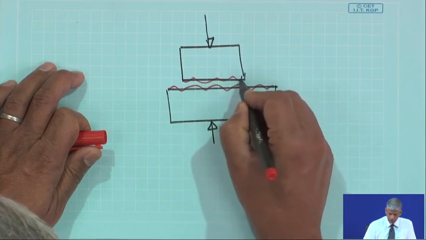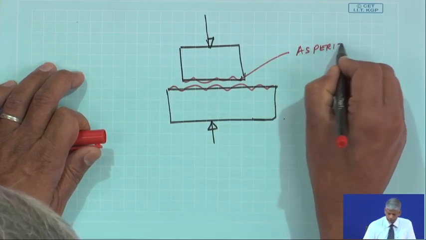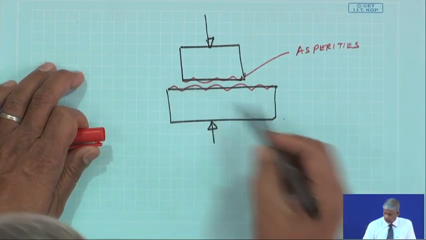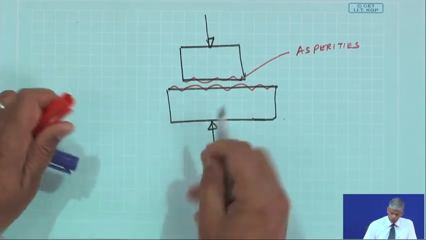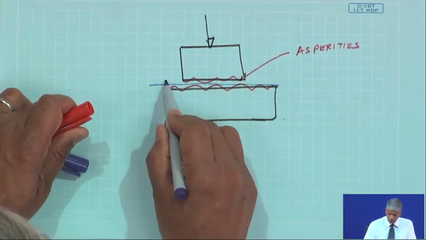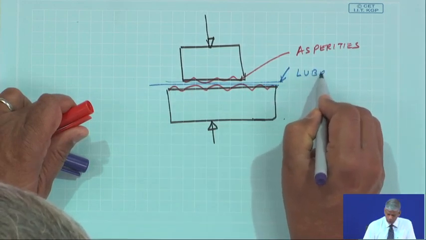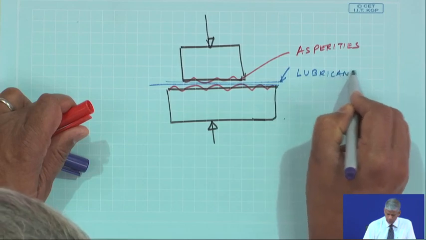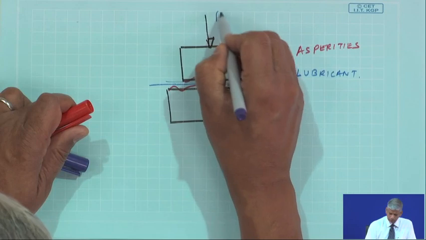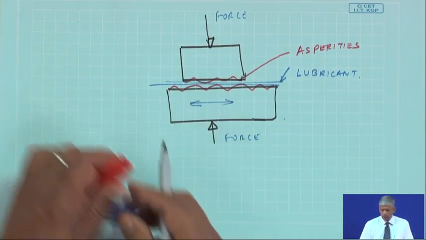So, there are some asperities, and to reduce the friction, we put a layer of lubricant, and because of this force, they could be sliding.